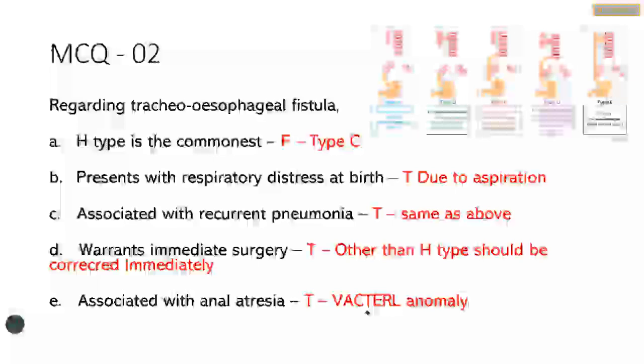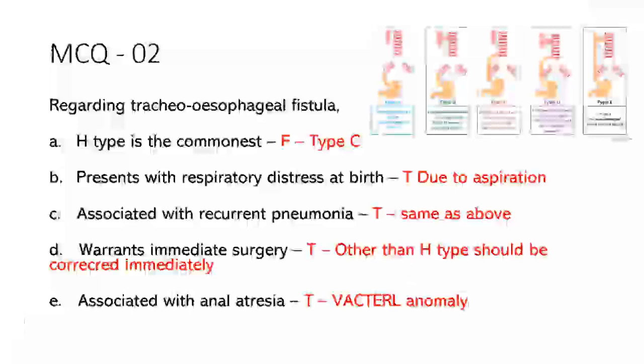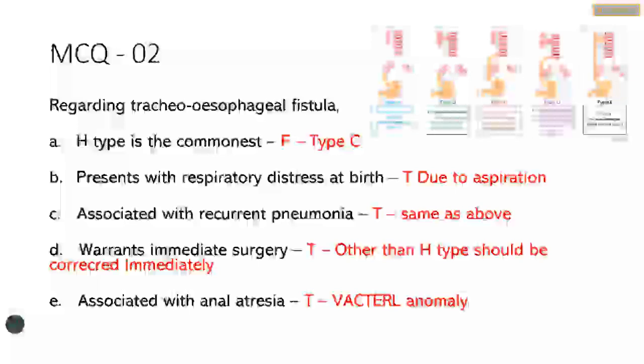Altogether we call it the VACTERL anomaly, so tracheoesophageal fistula and anal atresia can be associated due to the VACTERL anomaly. That's what they expected in this question. So all these statements are true.